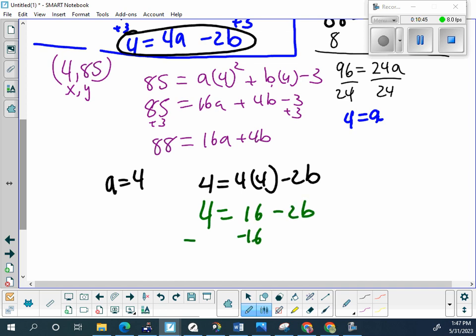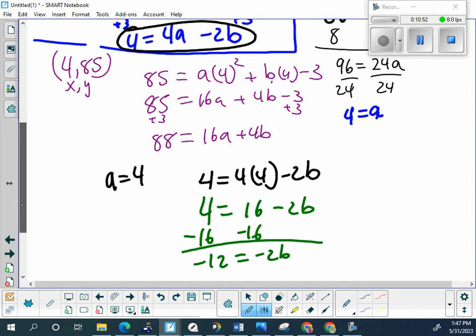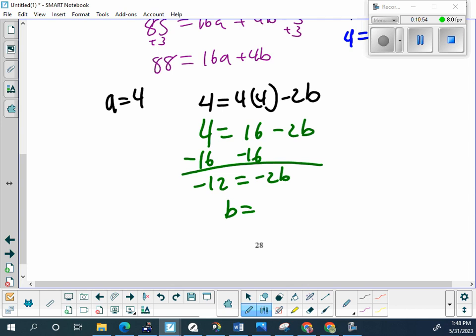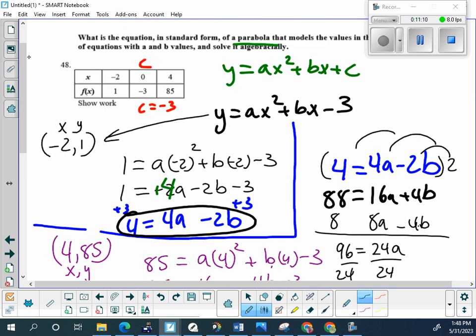I'm going to subtract 16, and I get negative 12 equals negative 2b. Looks like b equals negative 6. Positive 6, my bad. Divide by negative 2. Show your work so you don't make mistakes like me. b equals 6.